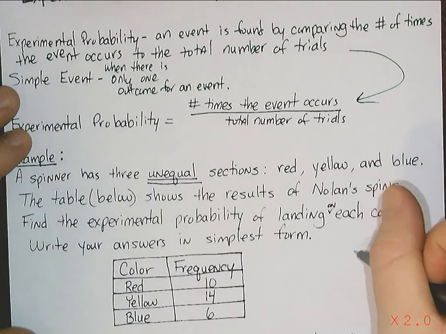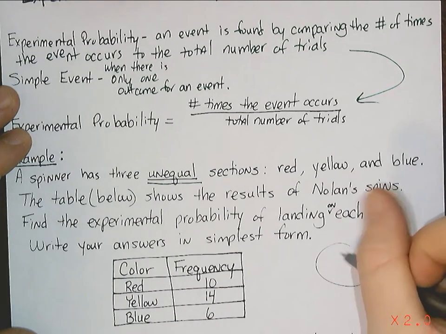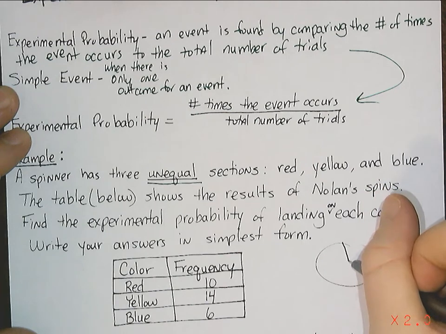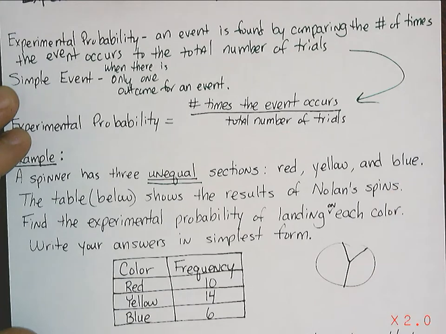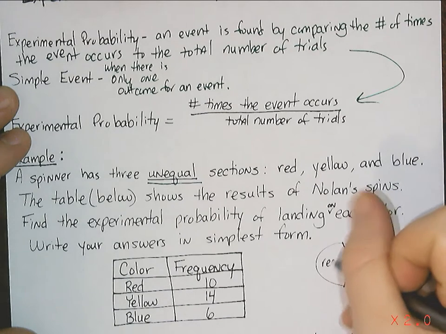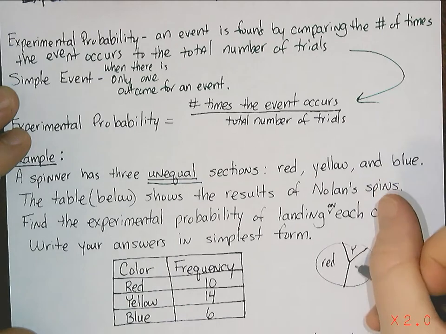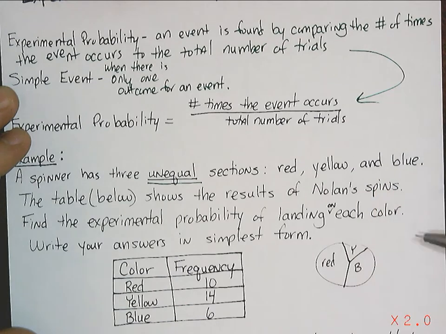If you have a spinner with 3 sections, that means one side could be a lot bigger than the other 2 sides. So we could have, let's say this is red, yellow here, and then blue here. Obviously, the red's going to get hit more. The blue probably the second most, and yellow will rarely get hit.